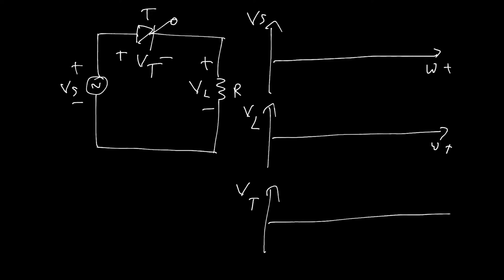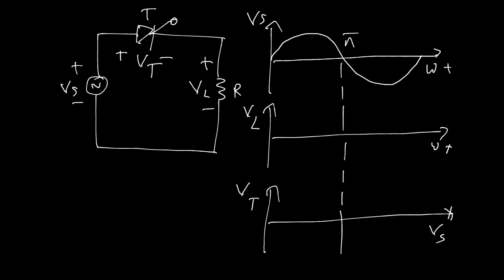Since we are using Vs, we can draw a sinusoidal wave, and this part is pi, and consider this is 2 pi. That means we consider a fundamental cycle of 2 pi.